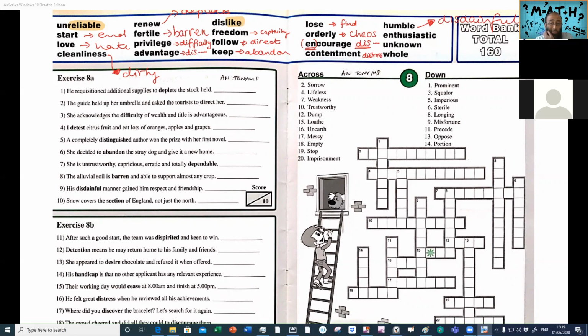Okay, next, enthusiastic. What's the opposite of enthusiastic? Enthusiastic means excited. For example, if you said to me, "Sir, do you want to go and watch the World Rally Championship in Wales and watch the cars ripping through between the trees at 100 miles an hour?" I'd say, "Yeah, let's go." That's called enthusiastic.